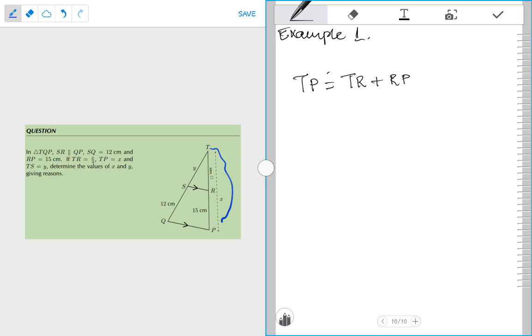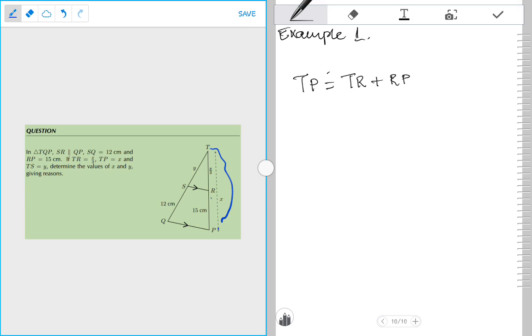Okay, that's clear. And then now we clearly know that we are told that RP is 15. From here to here it's 15.